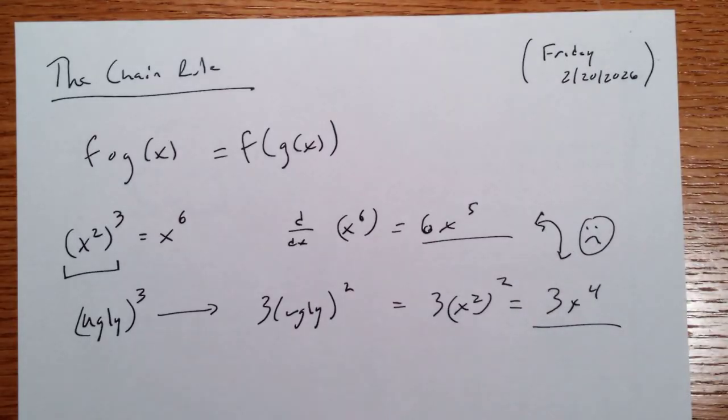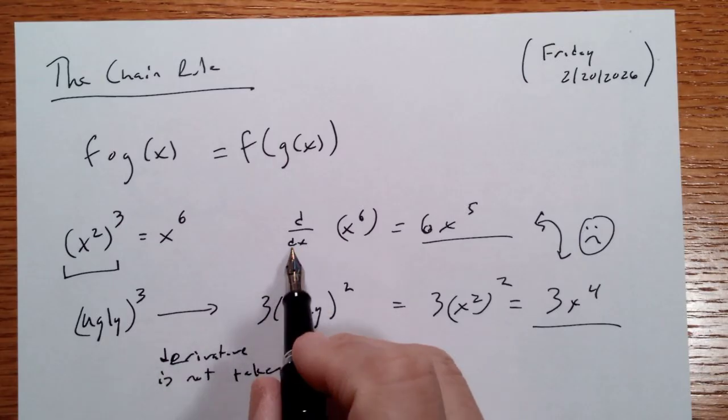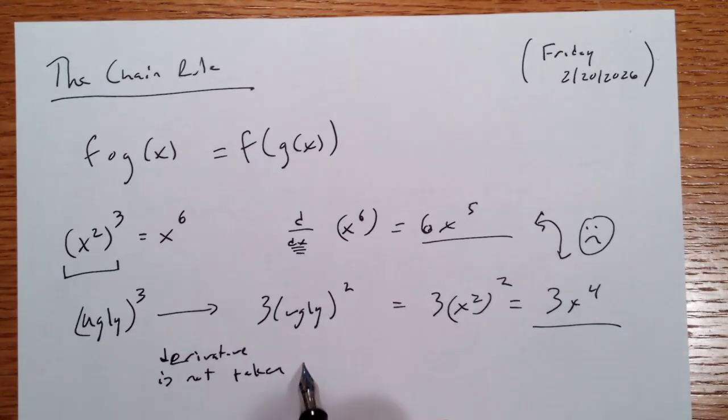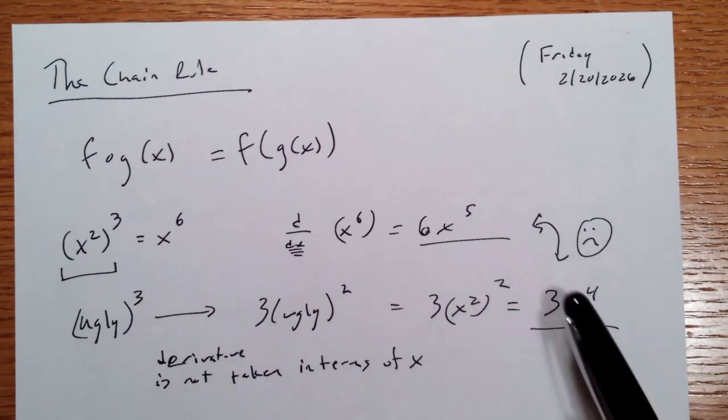I've missed something. By doing this derivative, my derivative isn't taken in terms of x. Now, what's missing? What's missing from here to here?